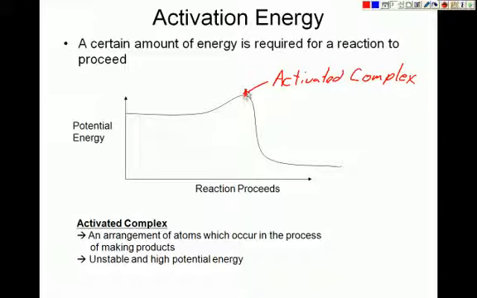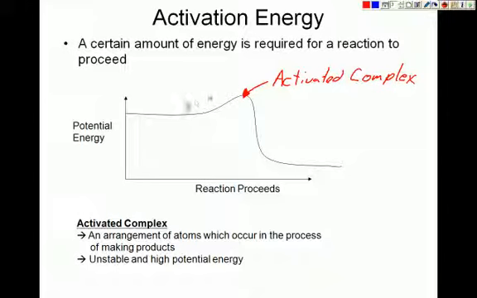It's in between a reactant and a product. It's the step right before it reaches products, so it's very short-lived. It only stays there for a tenth of a second, and then it quickly turns into products. So again, kinetic energy is turned into potential energy, and then it reaches an activated complex, then becomes products.